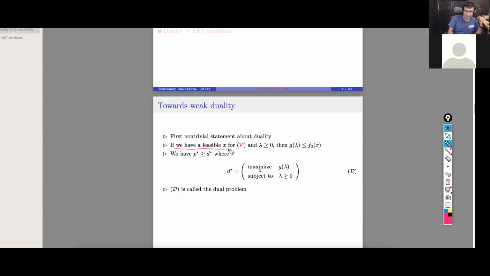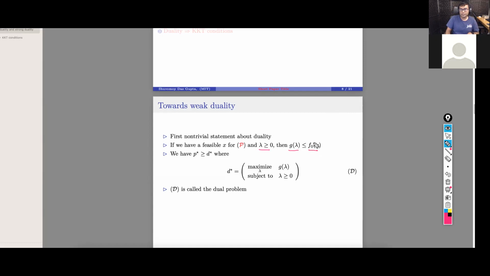First, if we have a feasible x for the original primal problem, and if we pick any positive dual multiplier, when I say positive, I mean greater than or equal to 0, and if I pick any positive lambda, then we can show that the dual function will always be smaller in value than the objective value of the primal for that specific feasible point x.